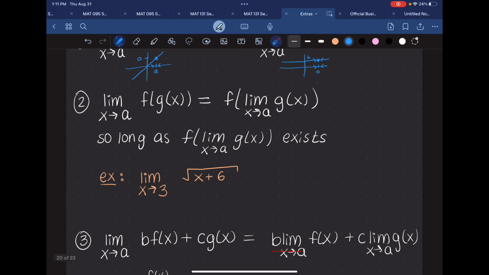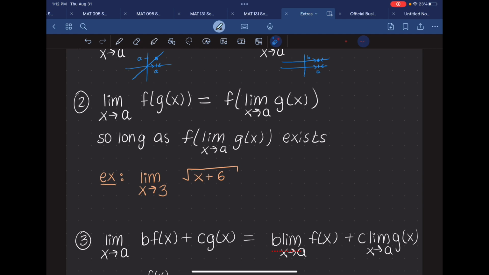The second one is that if I have the limit as x goes to a of a composition of two functions, keep in mind I said that the limit as x goes to a of f and of g exist, so we don't have any issues there.